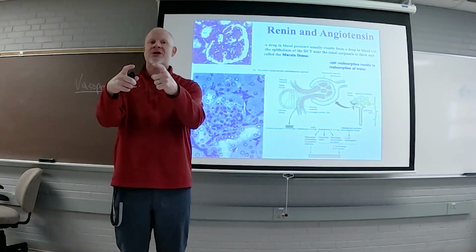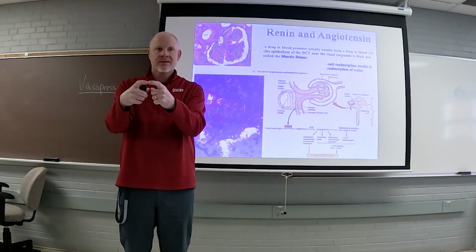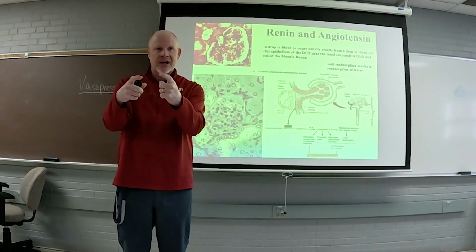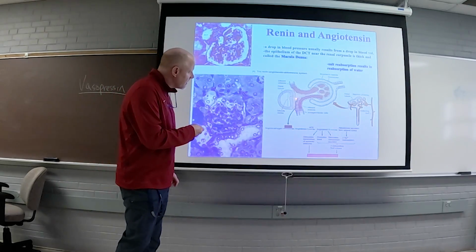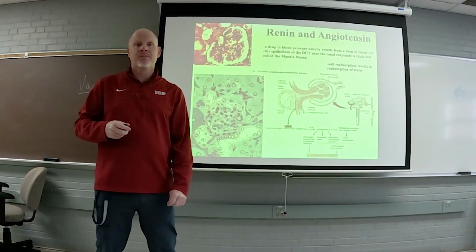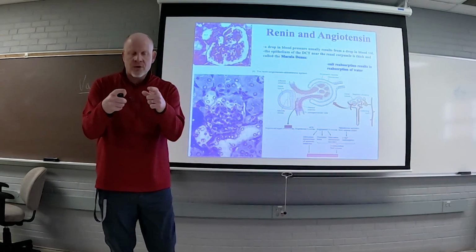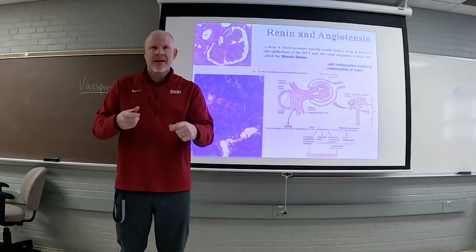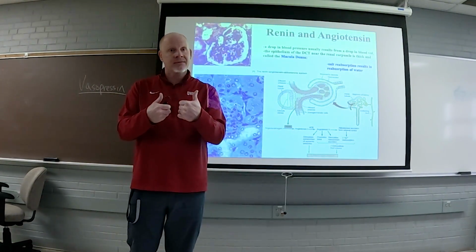Too much stretch means high blood pressure. Too little stretch means low blood pressure. Normal stretch is normal blood pressure, right? And so these juxtaglomerular cells can pick up the stretch, okay? And if there's too little stretch coming in, that means blood volume is low, osmolarity is high, right?